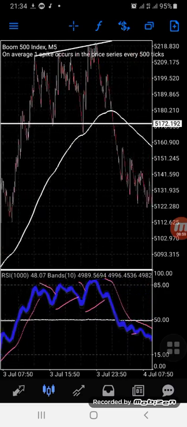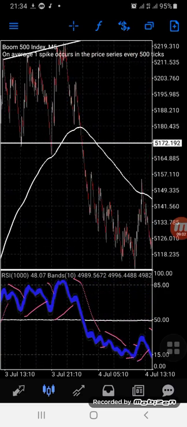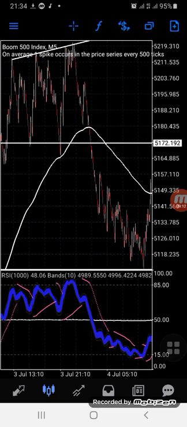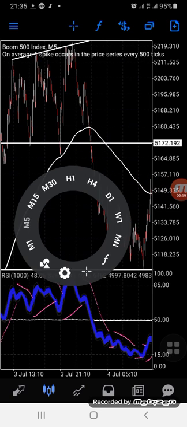Now you may ask, what are we doing with the 200 EMA on the main chart? Like I said, it is called a dynamic support and resistance level. I use it to know the trend of the market. Once the market is below that 200 EMA, then I believe it is going downward.